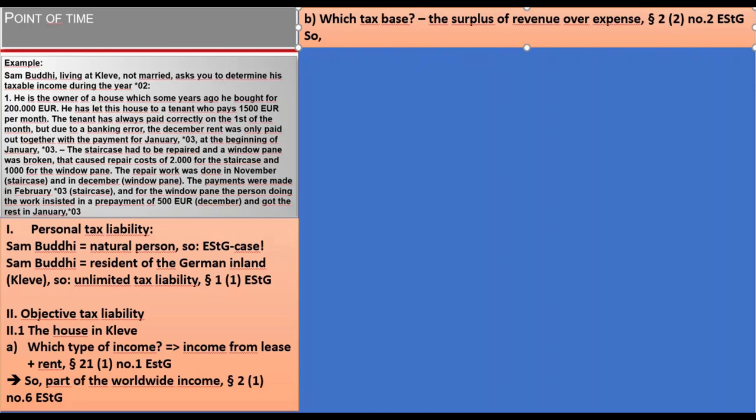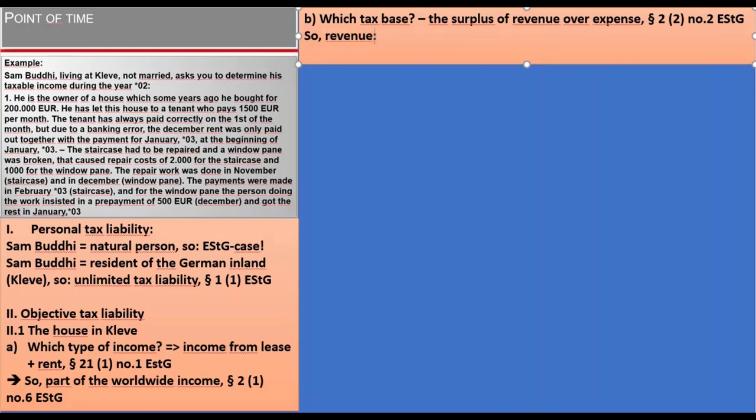So we have to look for revenue. And revenue, is it here in the case? Well, the house is let to a tenant. The tenant pays 1,500 euro every month.